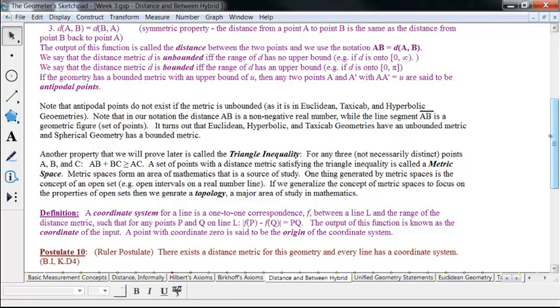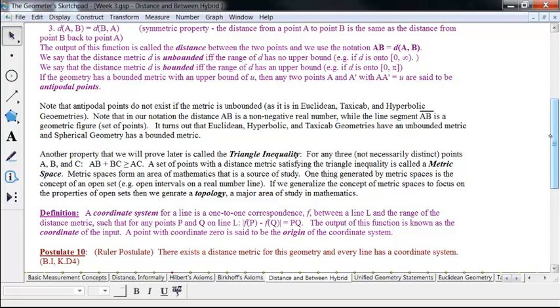In the case of hyperbolic, Euclidean, and taxicab geometries, we can think of all those as points in the Euclidean plane with a different metric. We can think of hyperbolic as being some of the points in the Euclidean plane, but with a different metric. Spherical geometry, we can't really put it in the Euclidean plane, but we can put it on a Euclidean sphere.